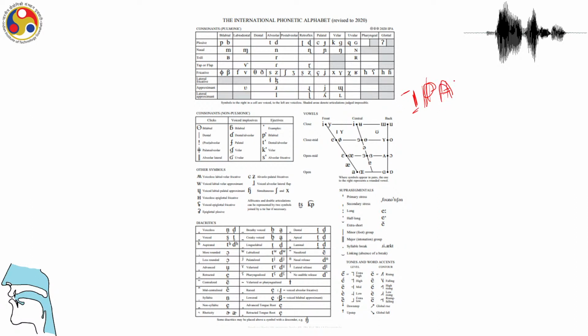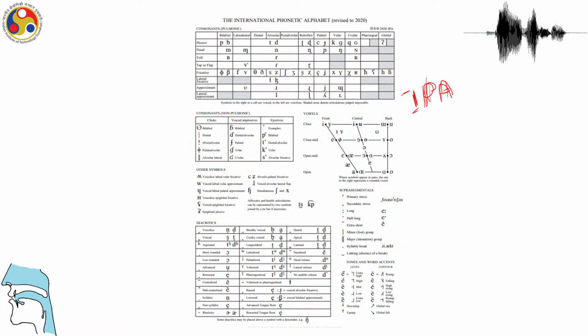This has been developed by the International Phonetic Association, and this is the revised 2020 chart, which means it's revised after some time, so that the more languages we know about, we try to be as inclusive as possible of all the phonemes in the world's languages.